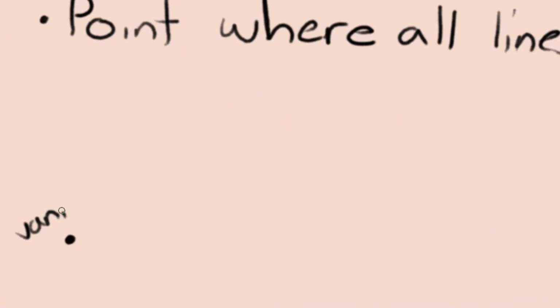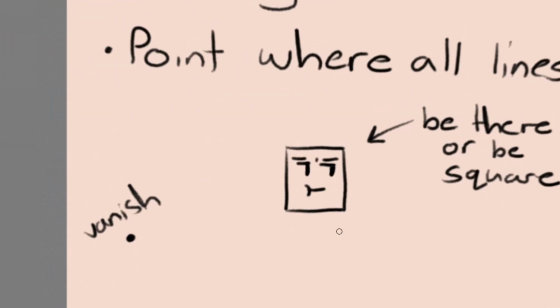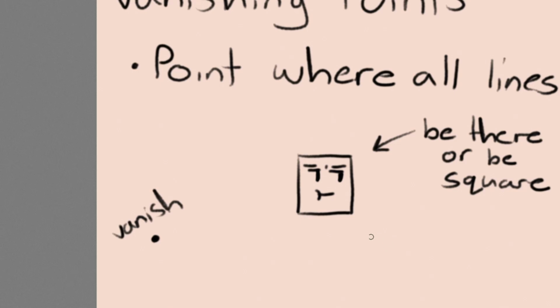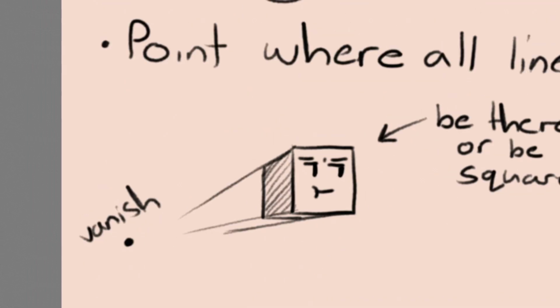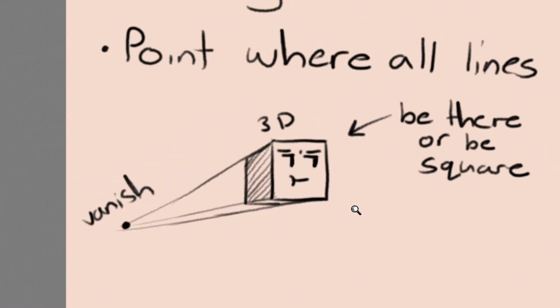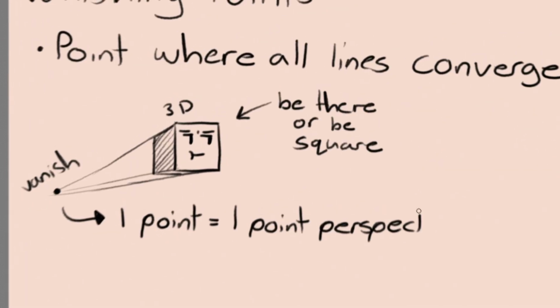So, if my vanishing point is here, and I try to draw a cube, the front plane is normal. It's just your average square. But the other lines will begin to converge at that vanishing point, which creates the illusion of depth. It looks 3D. And when you have one vanishing point, this is known as 1 point perspective.